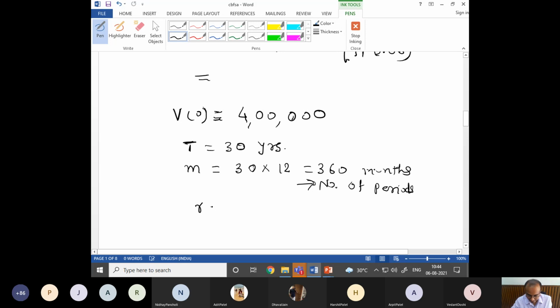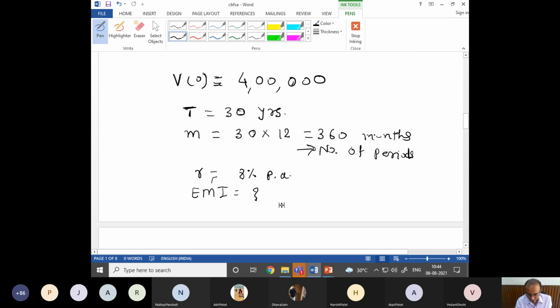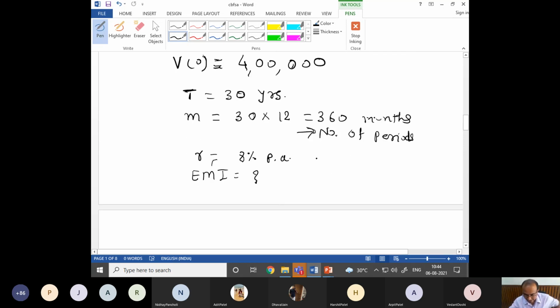Then the next thing, the interest rate. It is specified. It is 8% per annum, and that is nominal, right? But I have to pay the installment monthly, so I need to calculate the interest rate for the period.